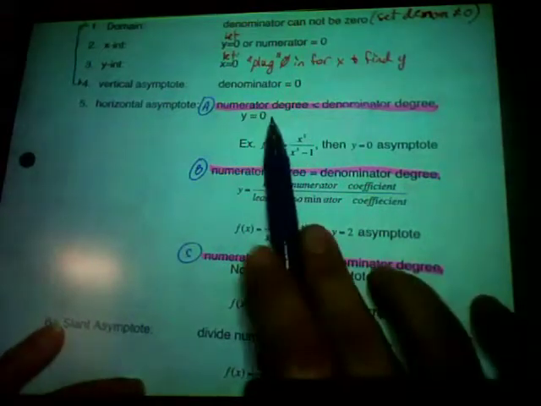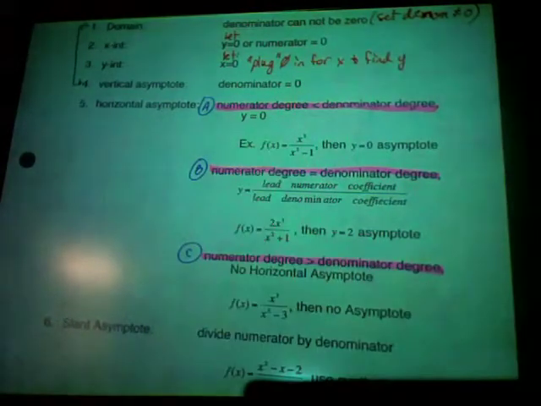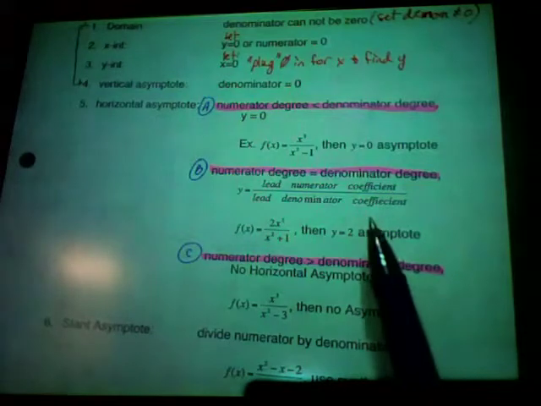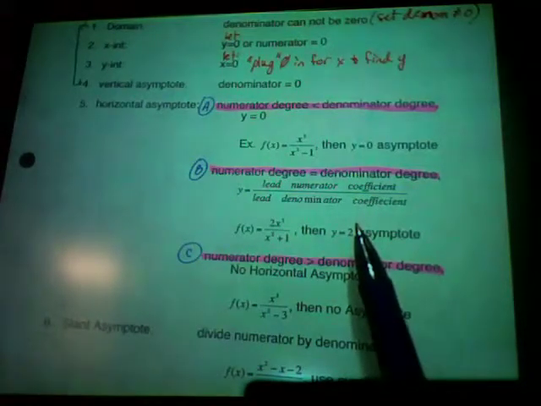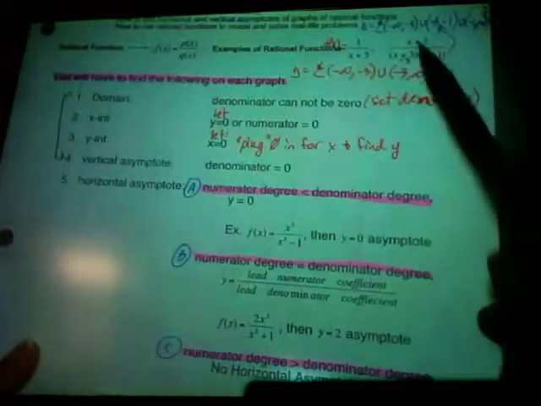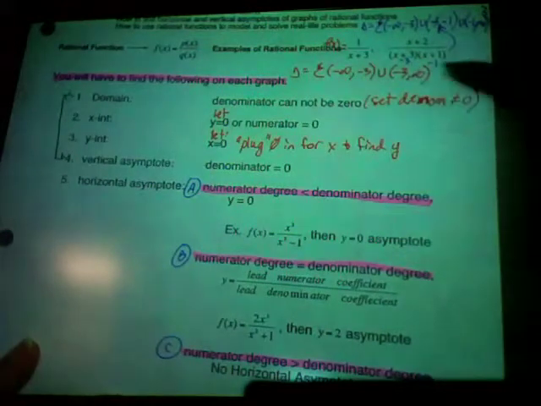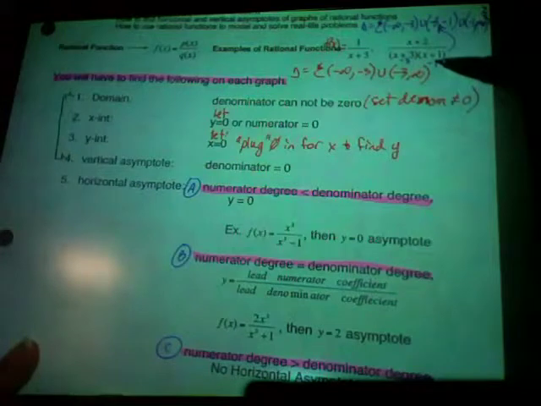How do you find the degree of a polynomial? It's really easy. The degree of a whole polynomial is the degree of the highest term in that polynomial, right? Well, you have to look at it in its non-factored form. What would the degree of this one have been if we multiplied it out? X squared, wouldn't it?